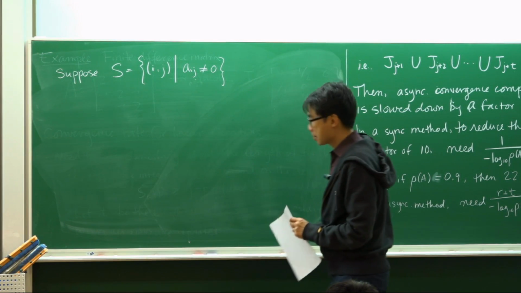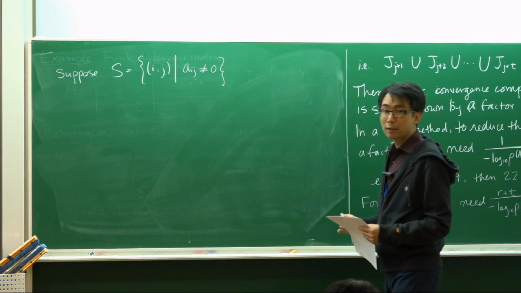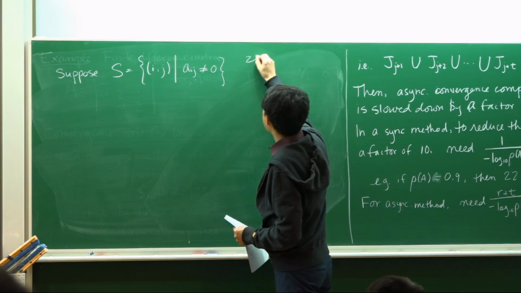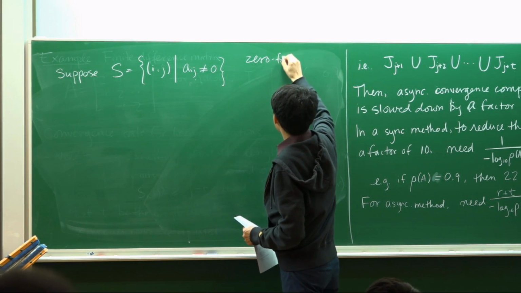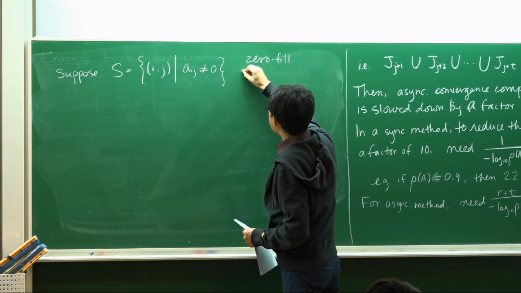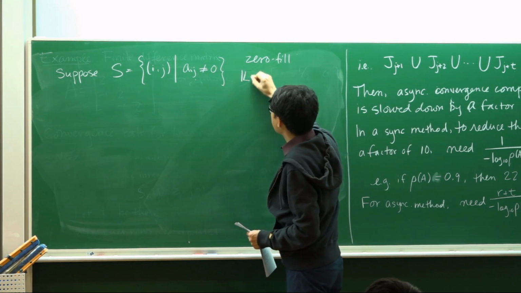Okay, and if we choose S this way, then this is called the zero fill ILU. This is the common case. Zero fill incomplete factorization. That's sometimes abbreviated ILU0.